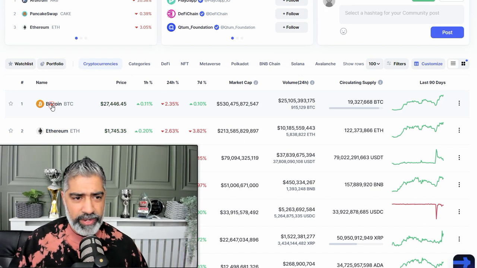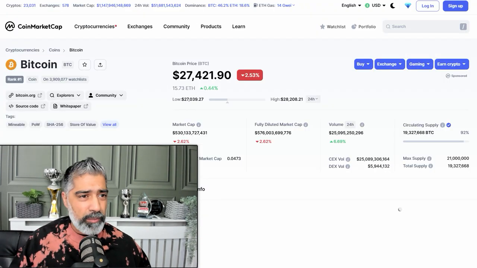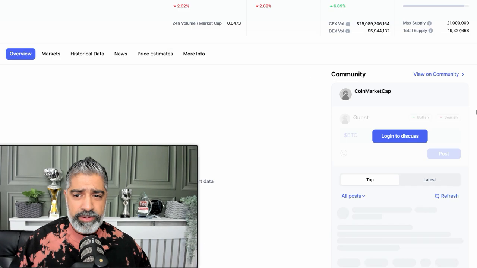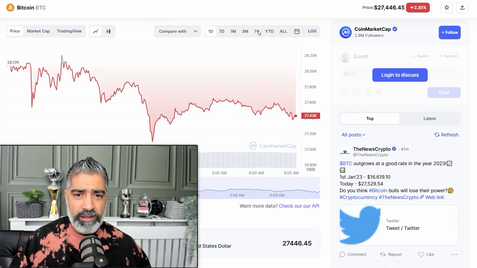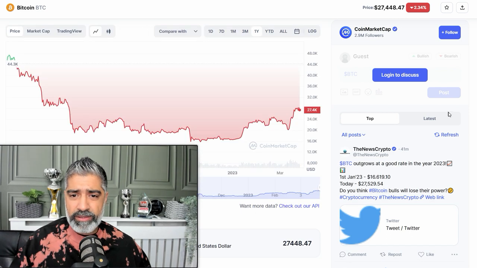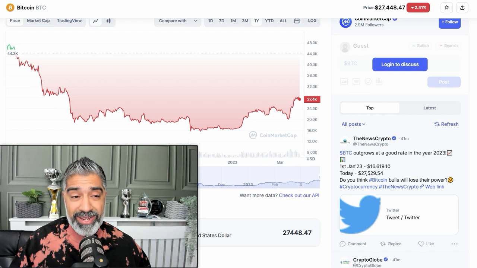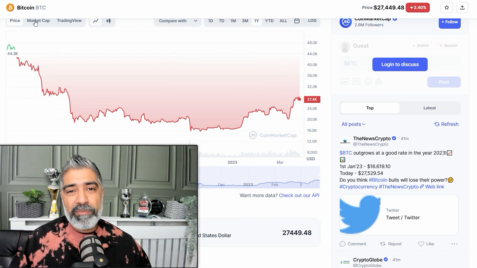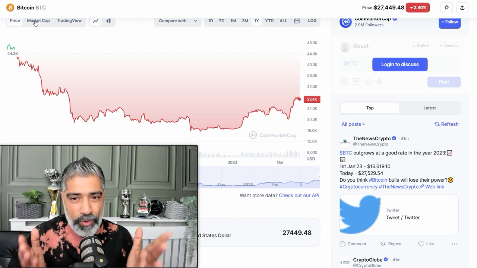So if we go to Bitcoin, let's click on it. We're on coinmarketcap.com. We'll scroll down. Just let it load up. Let's take the last year's worth of data. Right, we'll go a bit further down. And this is the price action of Bitcoin. When I click on market cap, the lines will change to blue, but they should look almost identical.